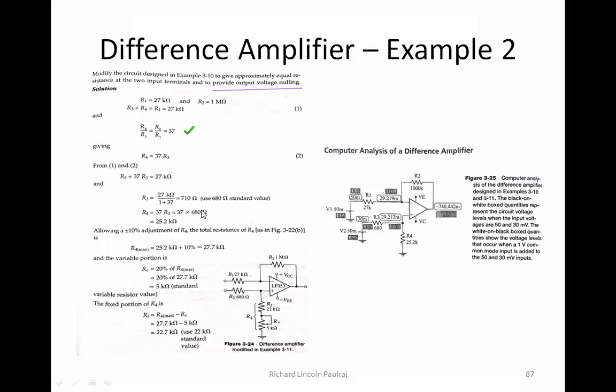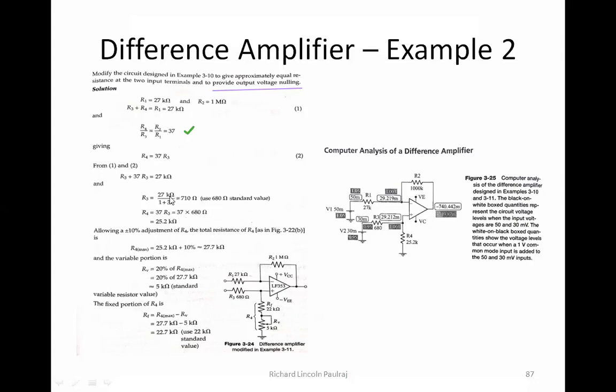We don't have a standard 710, so what we do is we use 680 ohms, which gives us a standard value. Right now we are designing, so we are looking at the practicality. For my calculation, I wouldn't be using 710, but I will be using 680.